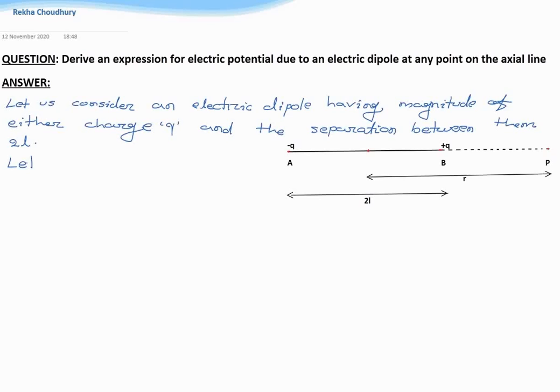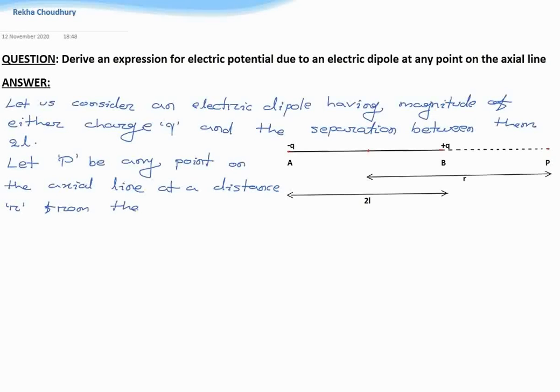Let P, capital P, be any point on the axial line at a distance r from the center O of the dipole.